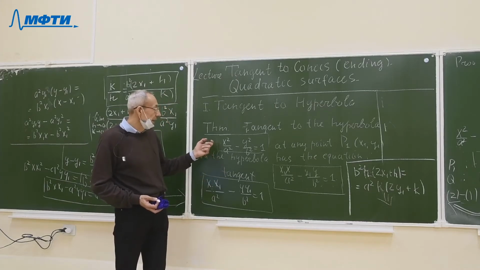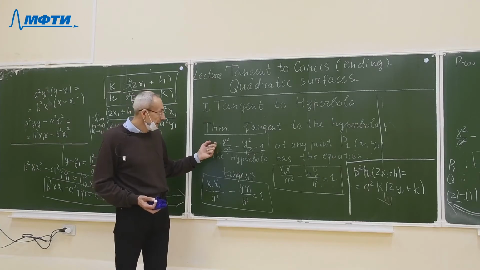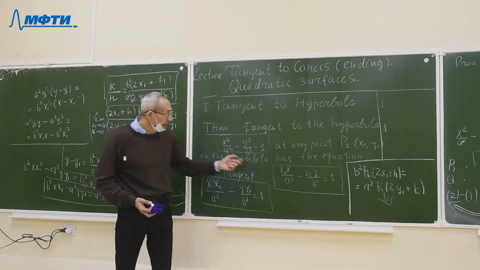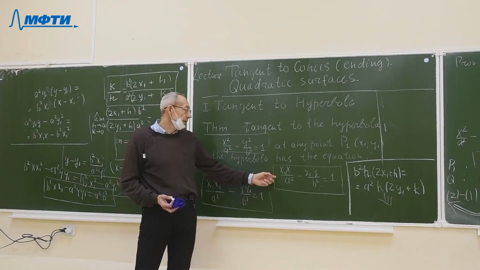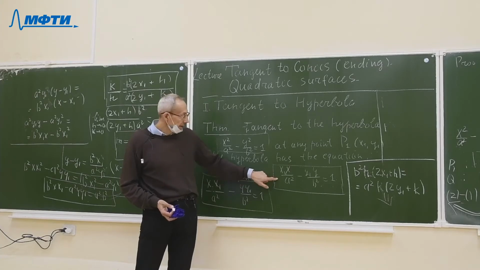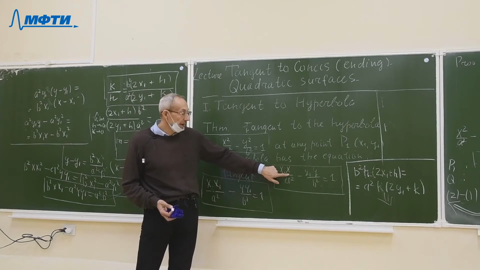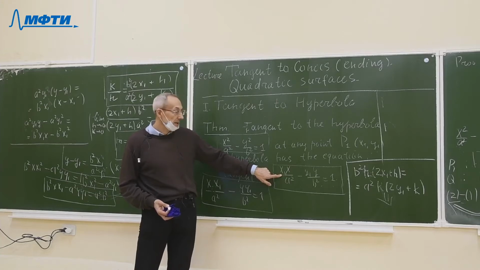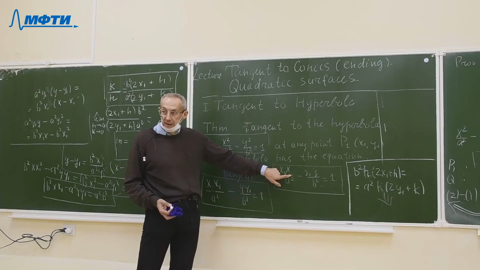This equation is the equation of the curve of the second order, the quadratic equation, but this equation is the equation of the straight line, the equation of first order. And in this equation, x1 and x have different senses. x1 is fixed, x is variable.